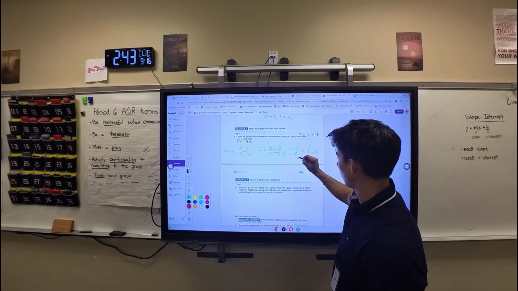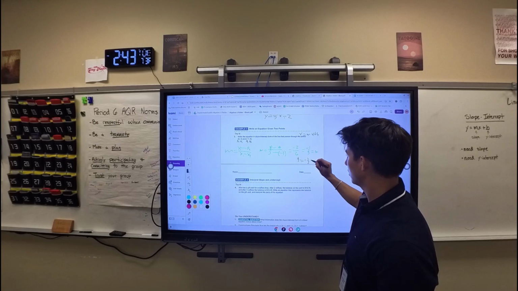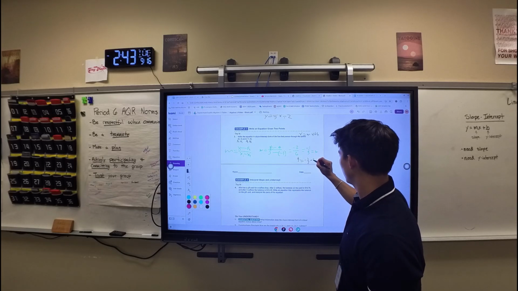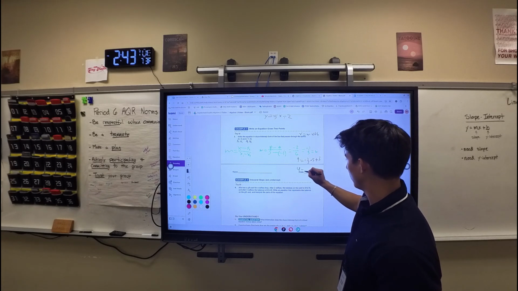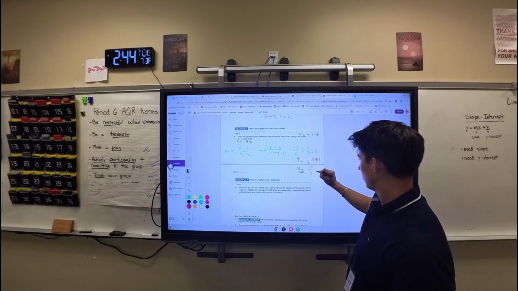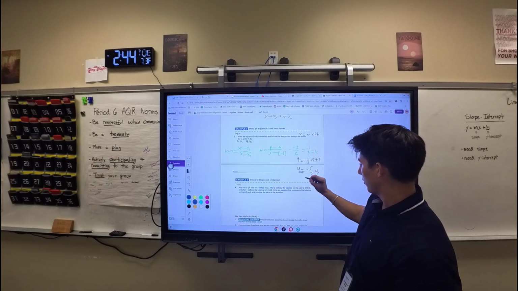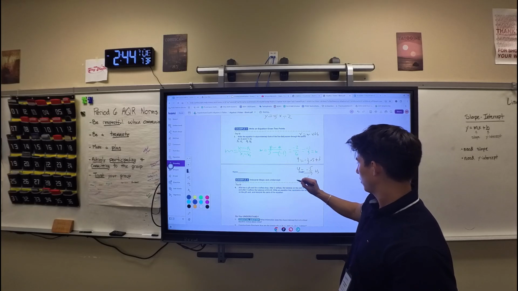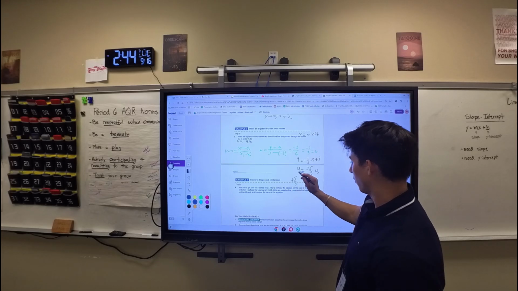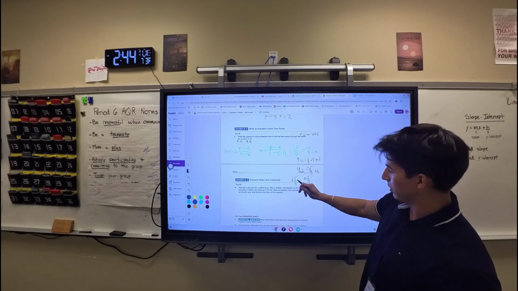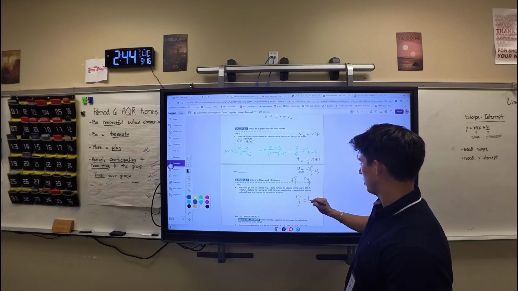So y is 4 equals m, which is negative 1/3, times 5 plus b. Okay, so then 4 equals negative 5/3 plus b. To get rid of this negative 5/3, we're going to add 5/3 to both sides. Cancel those. 4 is the same as 12/3, so 12/3 plus 5/3 just gives us 17/3 equals b.